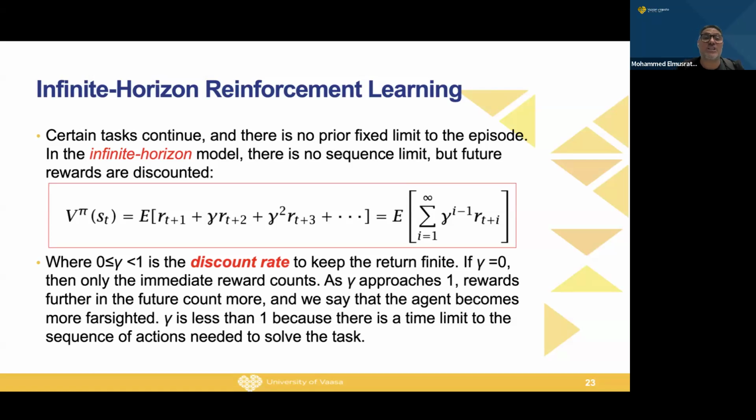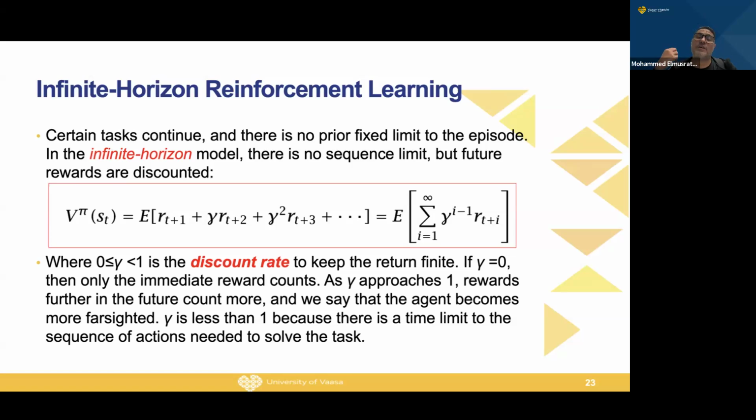As you can see, the expected reward, if you are in state ST, the most important reward that you will get is from the next state. For example, the reward of the next state will be RT plus 1. But the reward that is obtained one step further will be multiplied by the discount rate alpha, and alpha is between 0 and 1.